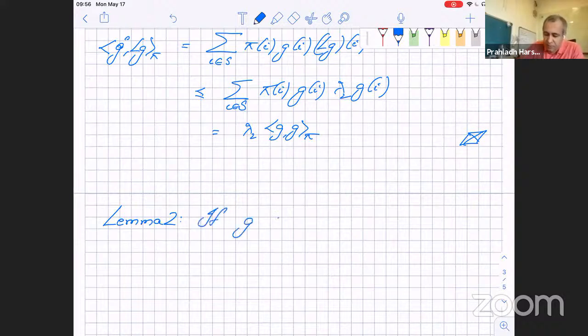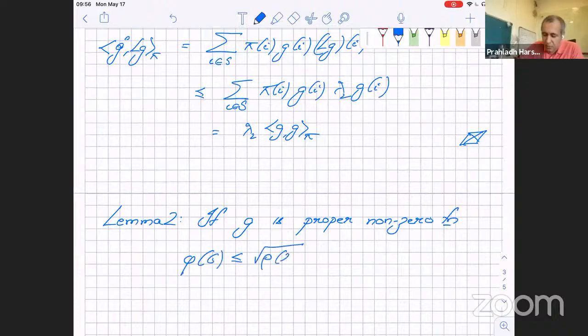If G is a proper non-zero function, then phi of G is less than or equal to the square root of rho times (2 minus rho), where rho is the corresponding Rayleigh coefficient.